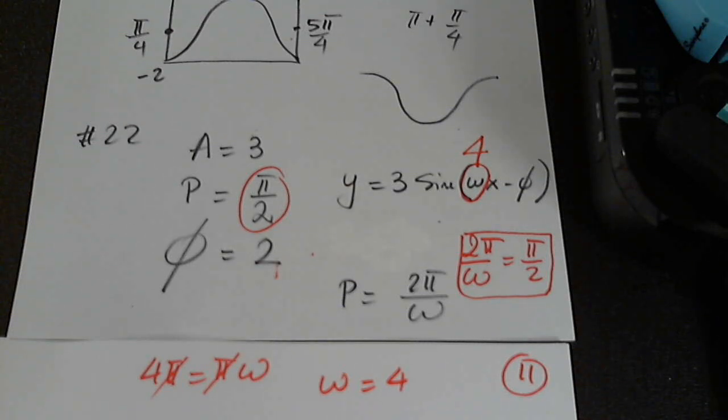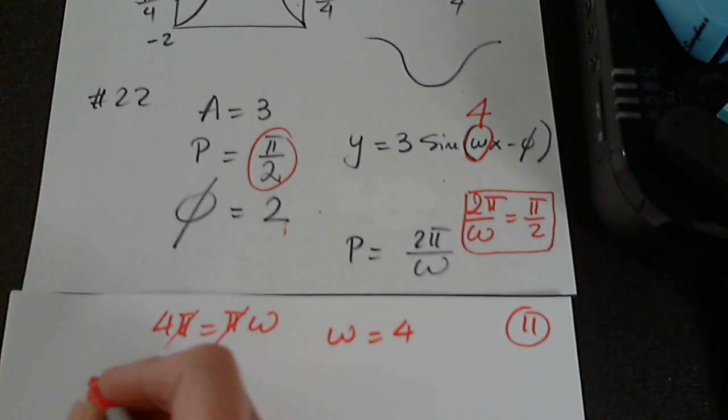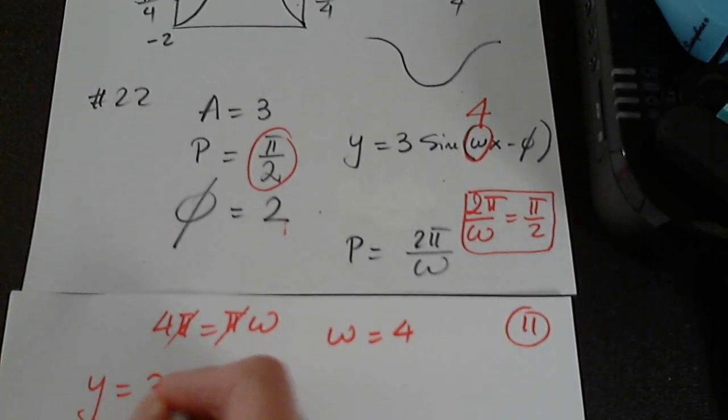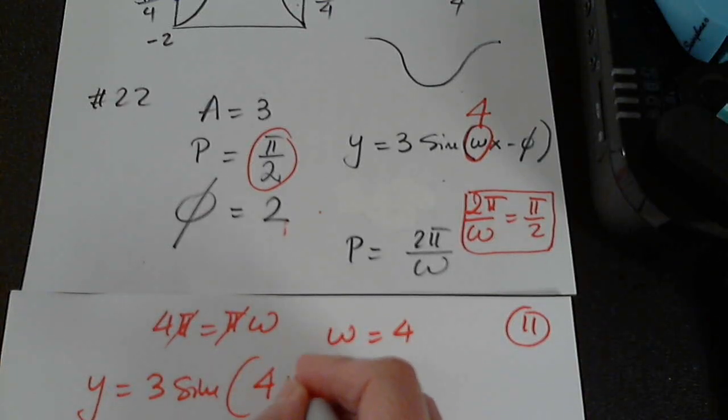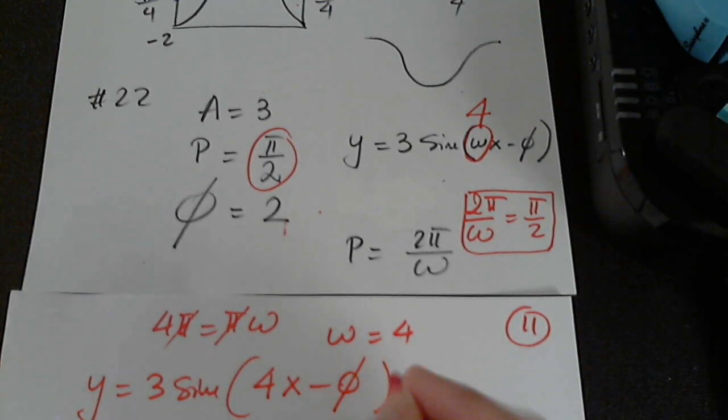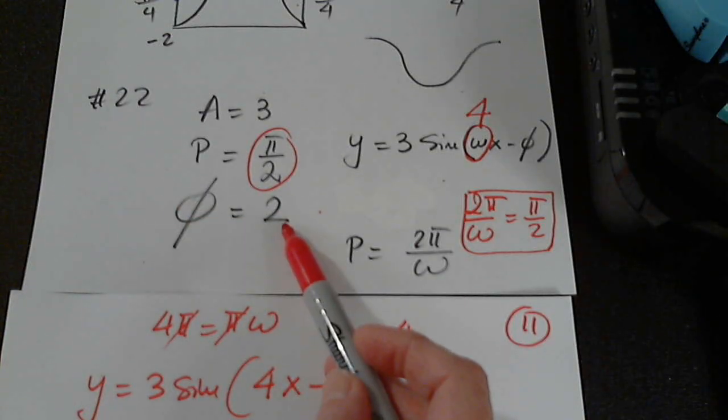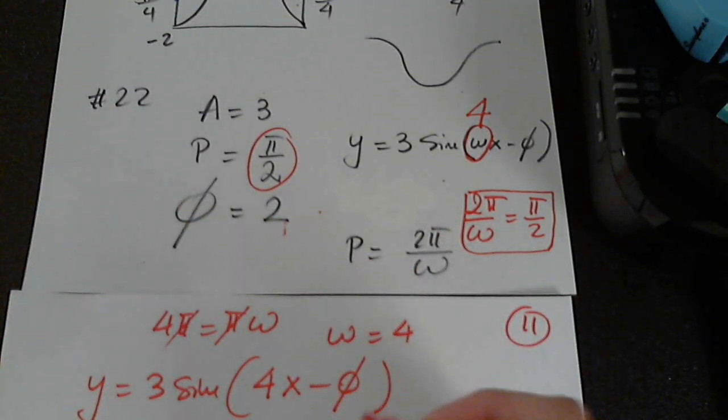Any questions so far? So this is what we have for now. We have that y equals 3 sine 4x minus phi. They are telling us that phi is 2. Okay, all I have to do is put that in there.